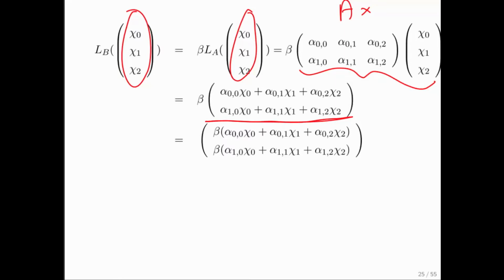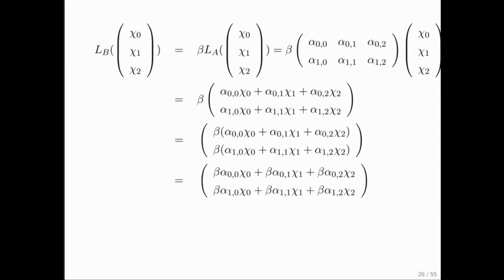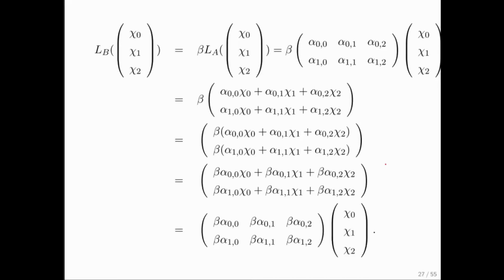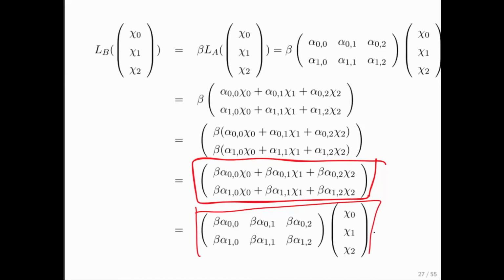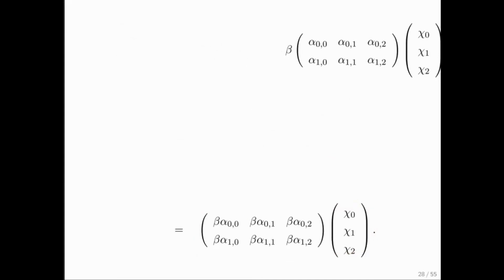That gives us this. And then this is just a vector, and we know how to scale a vector. That gives us this. But then we can distribute beta, and that gives us that. And then we can recognize that this is the same as this matrix-vector multiplication, and therefore we see that this matrix indeed does represent the linear transformation L sub b.